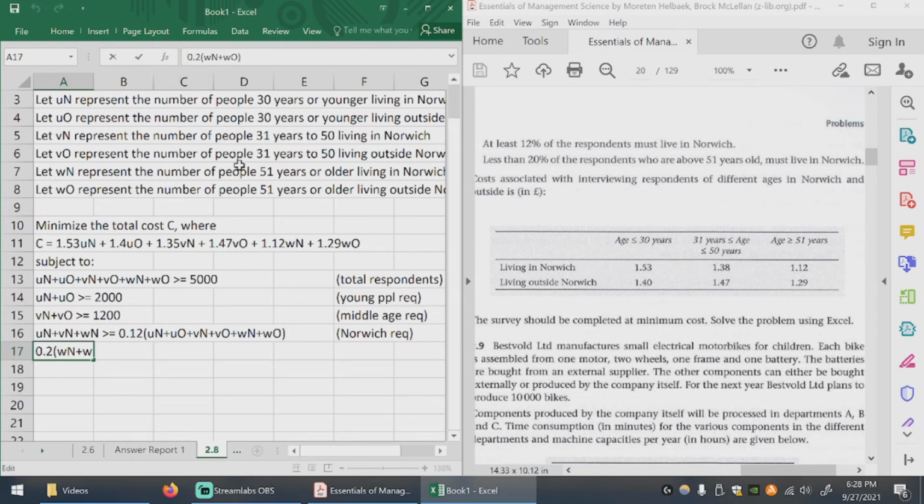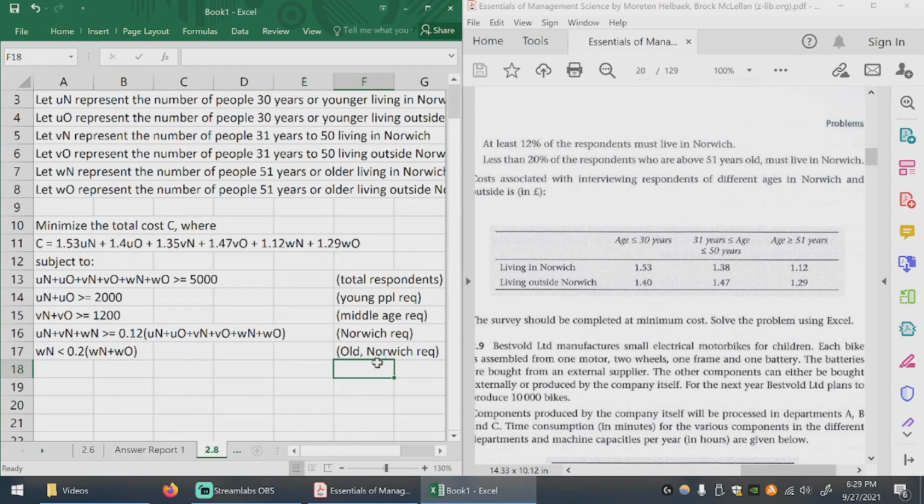How many are in the old group and living inside the city? WN. Less. Now I know we don't have a less than in Excel, but in our formulation we can do whatever we want. Tough one. Let's say old and Norwich requirement. Call it whatever you want.